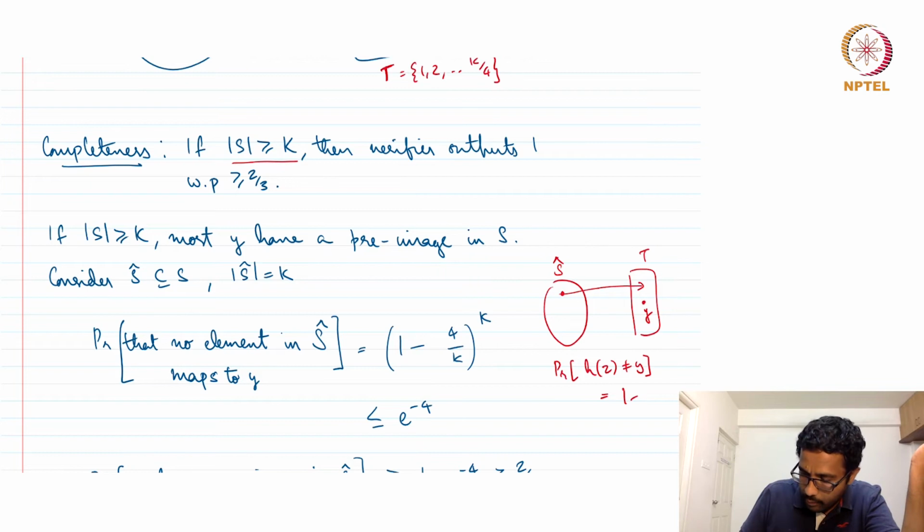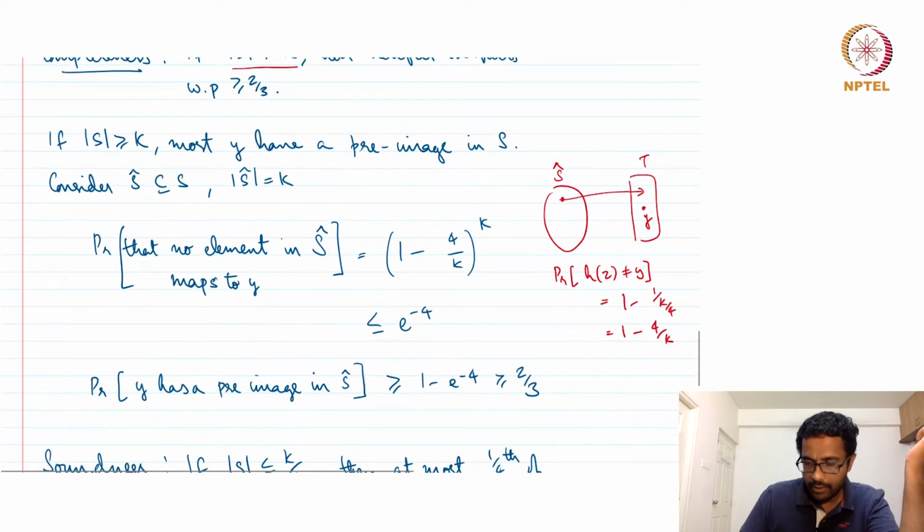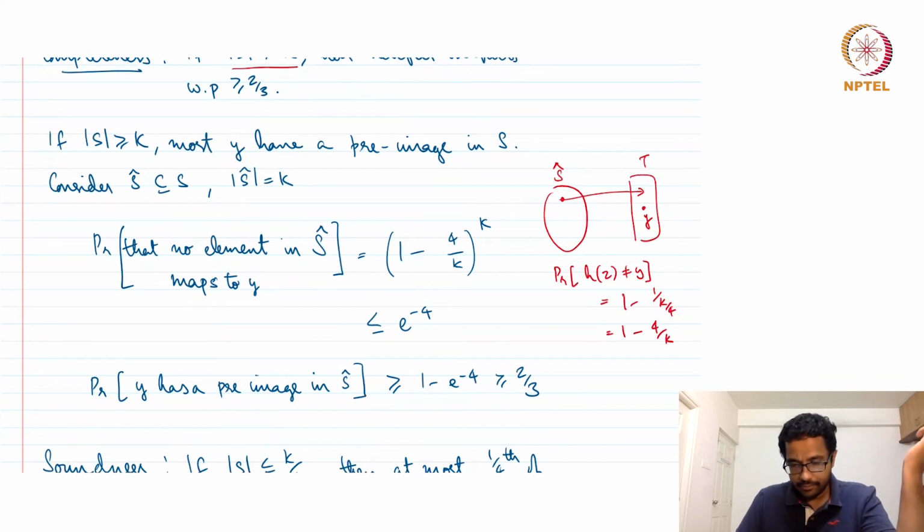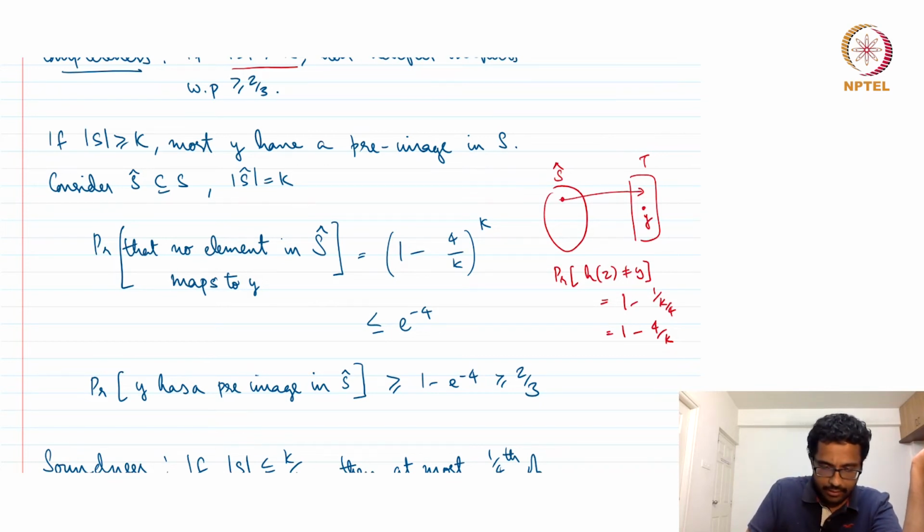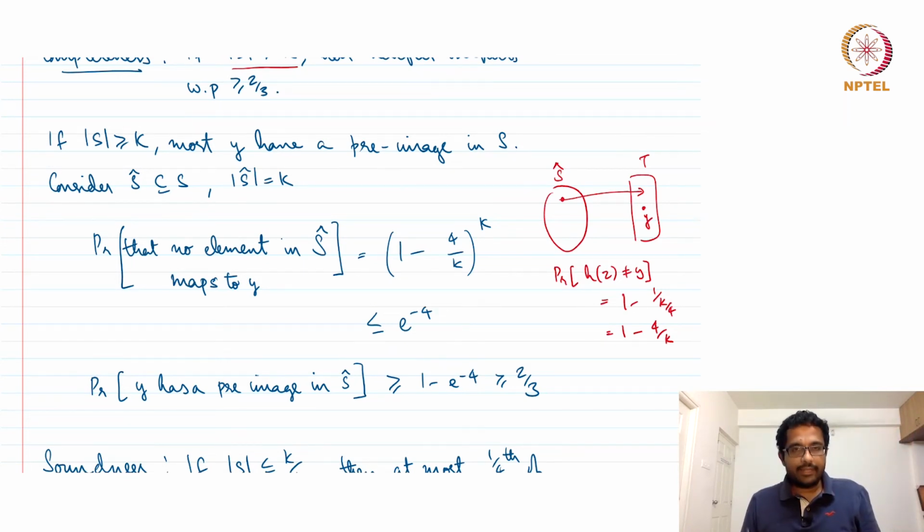So this is 1 minus 1 divided by K by 4, right? So in other words, it's 1 minus 4 by K, that Z does not get mapped to Y. What is the probability that none of the elements in S hat maps to Y? It is 1 minus 4 by K whole power K, because there are K elements in S hat. And this is easily upper bounded by e power minus 4. So this is the probability that no element in S hat maps to Y.